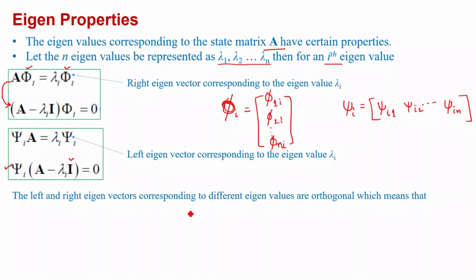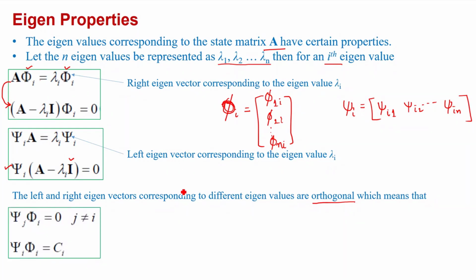It will exist for all the eigenvalues, and we know from the linear algebra course that the right eigenvector and left eigenvector are orthogonal. That means psi j into phi i is equal to 0 when j is not equal to i. If they are for the same eigenvalue, multiplying the left and right eigenvector will give us a constant value.